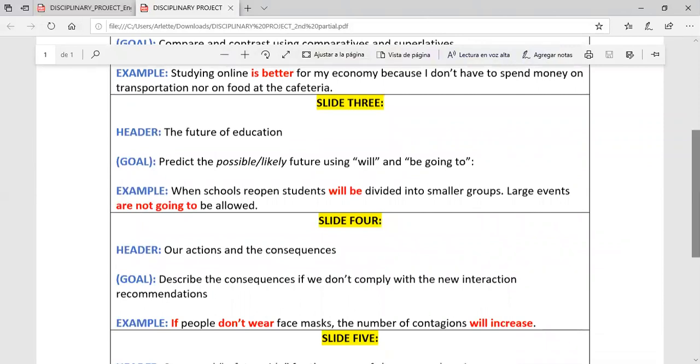Y bueno, también hay vocabulario para hablar de consecuencias, de causas y consecuencias. Ahorita se los voy a mostrar también. Cómo hablar de causas y consecuencias. About effects.